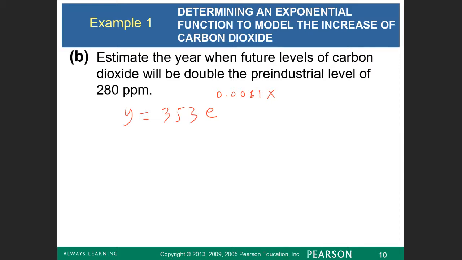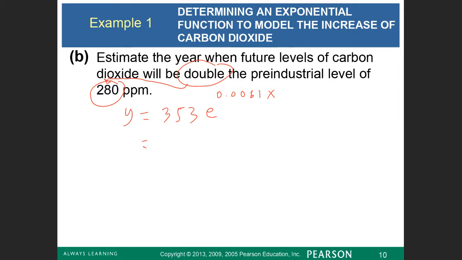Okay, now it says here double what? The 280 here. So when you're going to use this equation, it says double. The future amount is y, so double, you just multiply that by 2.